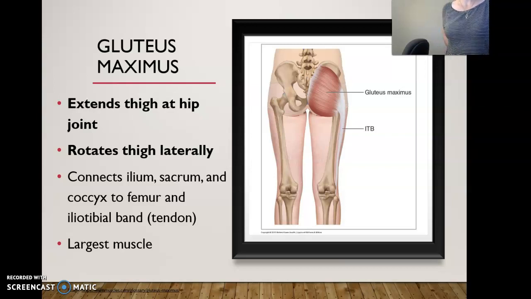So rotate that thigh laterally and see if you can feel your gluteus maximus contract. So it's a very important muscle, the largest. It connects the ilium and the sacrum and the coccyx to the femur bone. And then it also connects the iliotibial band that goes all the way down here and connects past your knee.